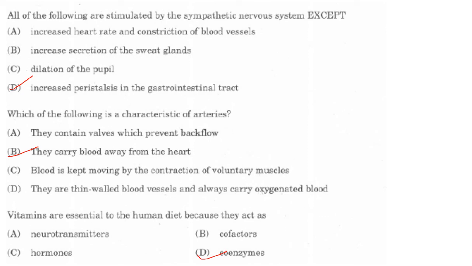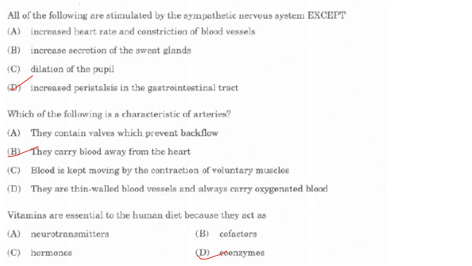Coming to the next question, all of the following are stimulated by sympathetic nervous system except. Answer is option D. Increased peristalsis in the gastrointestinal tract. Which of the following is a characteristic of arteries? They contain valves which prevent backflow. No. They carry blood away from the heart.